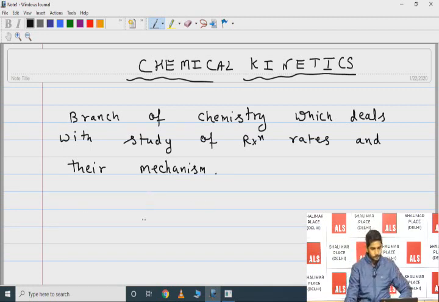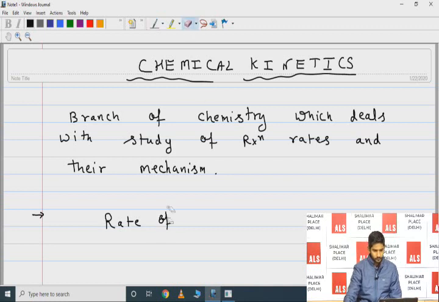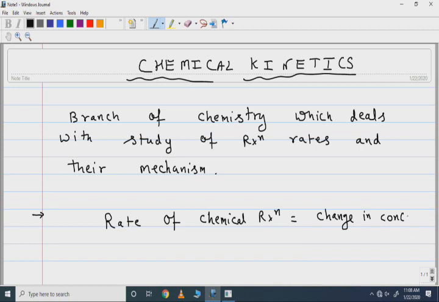Now, if we talk about rate, we can simply say rate of chemical reaction, that it is nothing but change in concentration upon time taken.